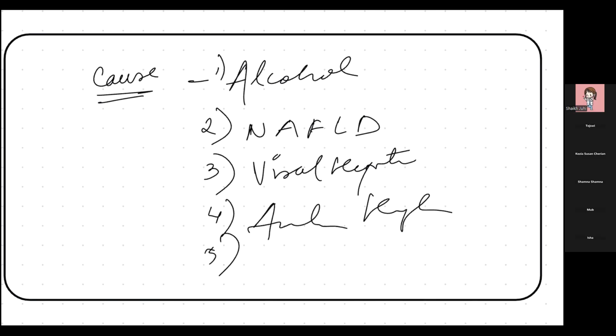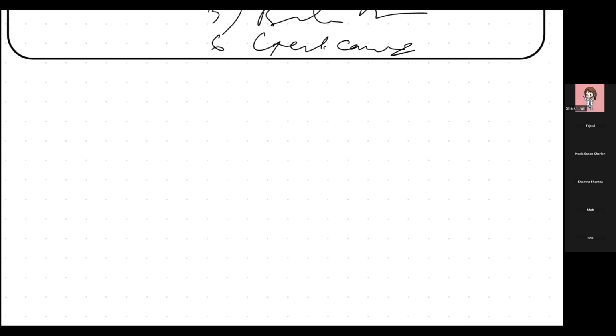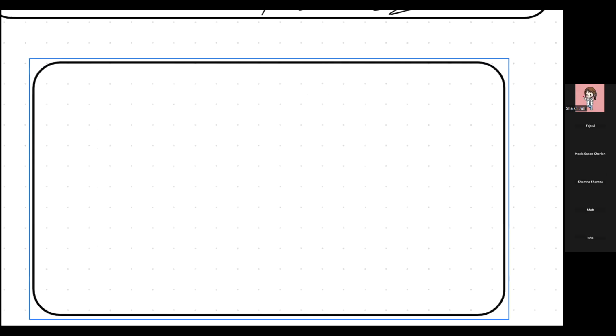Genetic causes can also be one of the reasons, or any drug or toxin, as well as heart failure. Now, how all these act as a cause, we can understand by a short discussion of the pathophysiology of all of them. So let's discuss the pathophysiology of these diseases, and during that only you should understand what the clinical features will be. By the pathophysiology itself we can understand the clinical features.